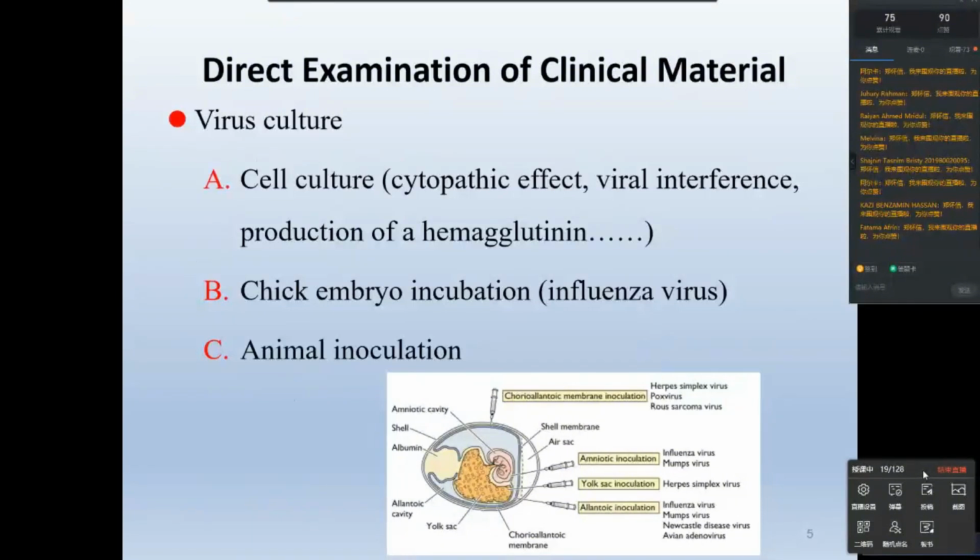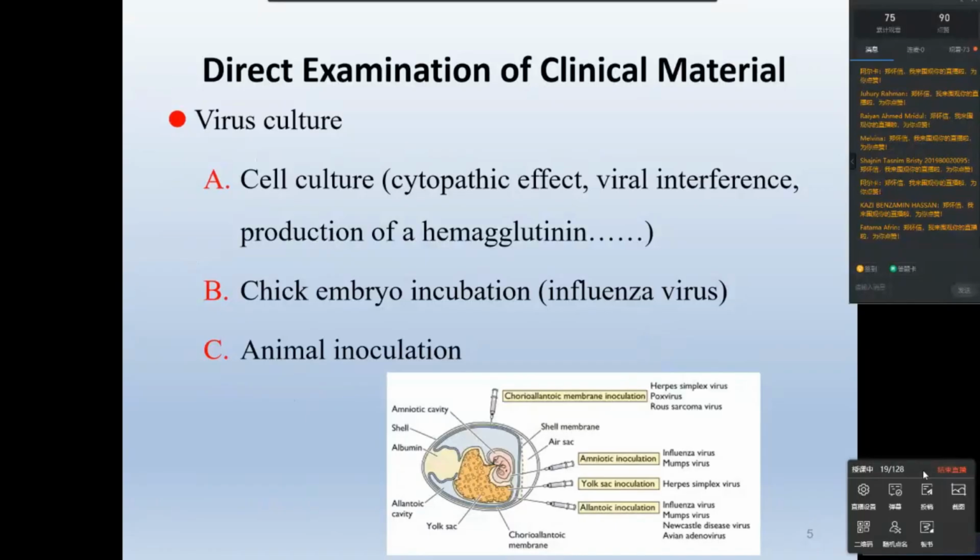We produce some pure antibody, some monoclonal antibody. That antibody can recognize certain viral antigen specifically, so that based on the antigen-antibody reaction, we can design different types of immunoassays. For example, the immunofluorescence, like we talked about just now, that's one of them.